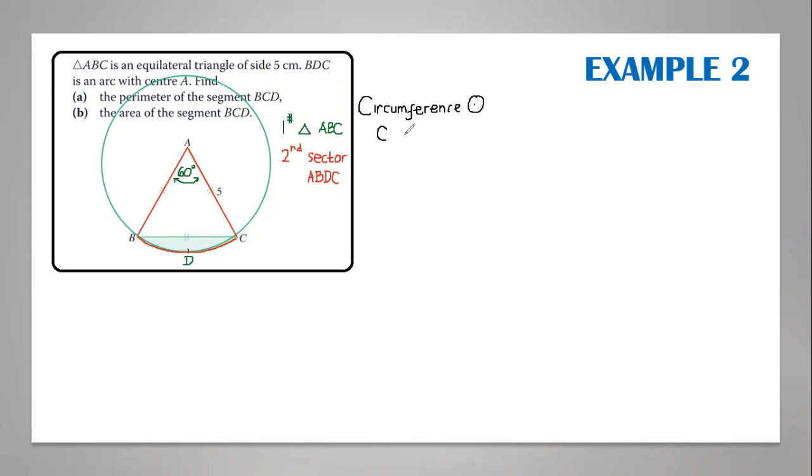The circumference of circle is 2 times pi times r. 2 times 3.14 times r, which is 5. We got 31.4 centimeters. Right?